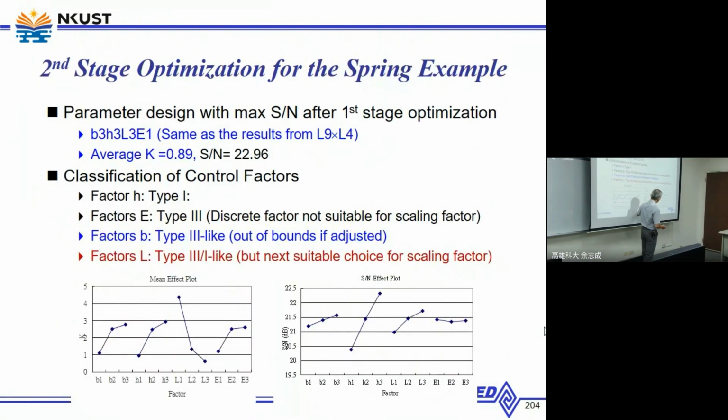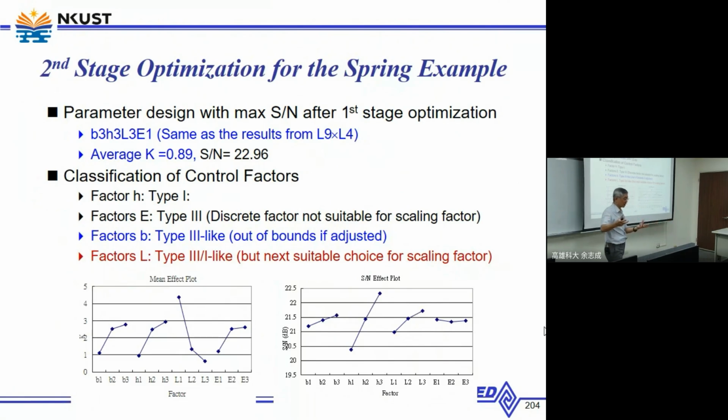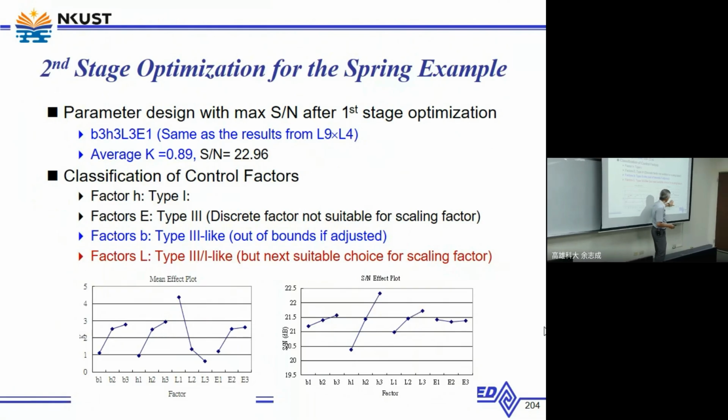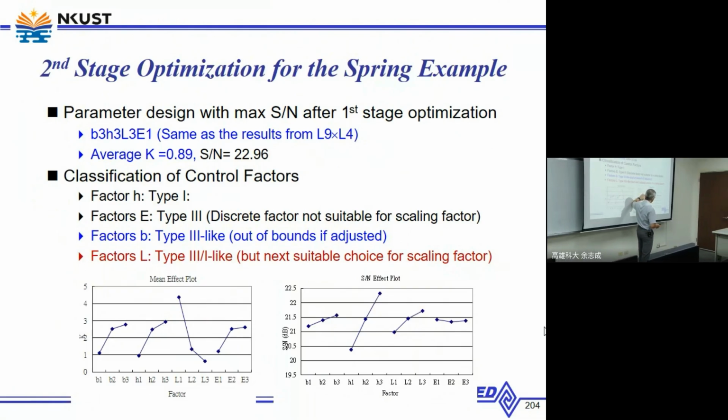We don't choose B, we choose L, even though L doesn't look that good to be type 3, but just like we always need to pick one apple to be the mayor, right? We need to choose the best apple to be the scaling factor. So this one cannot do the job, so we'll go to the next one, which will be L.